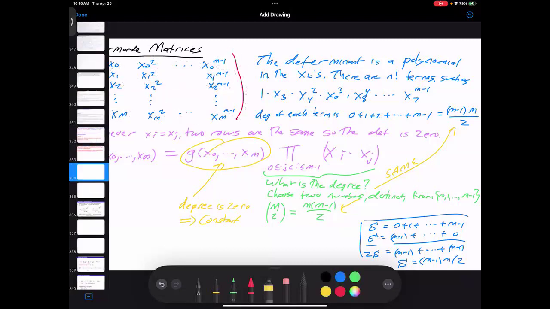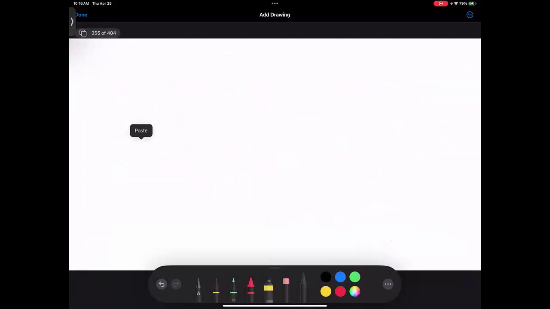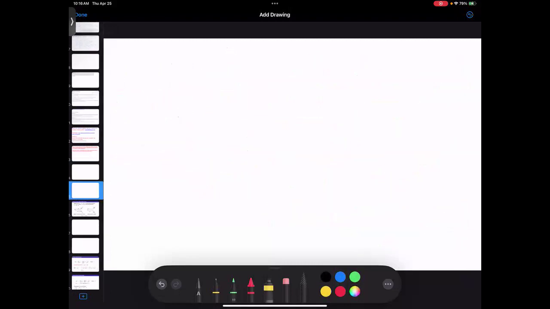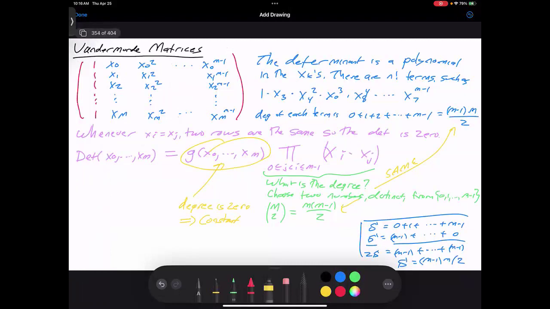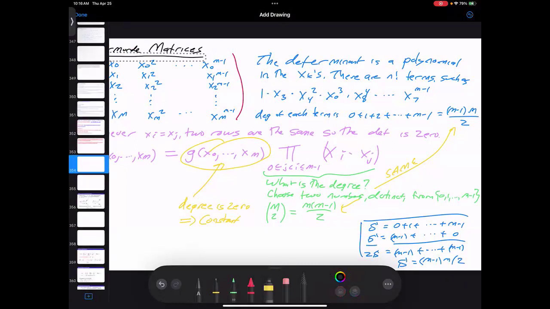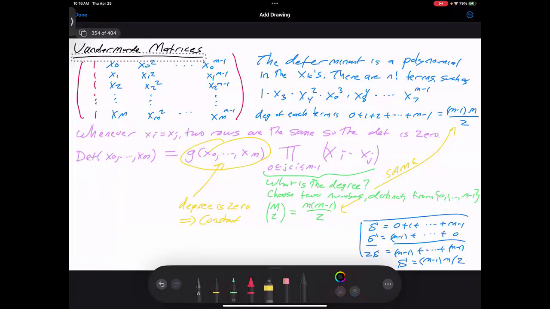So let's look at this matrix a little bit more. It's not pasting. I'll try one more time. So let's look at this matrix while I try once again to copy it. The danger for us, we're trying to figure out what this is.